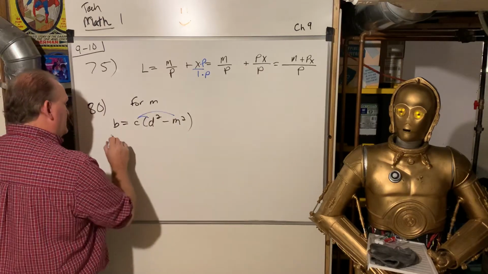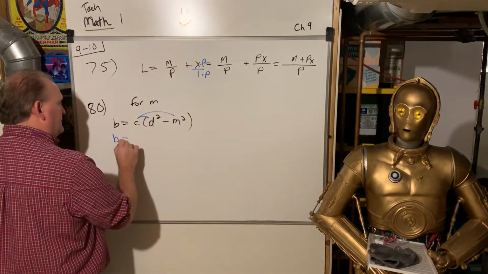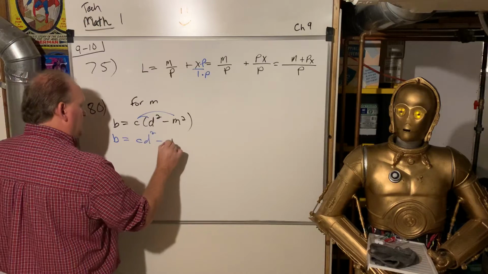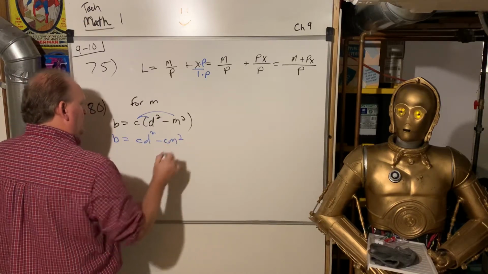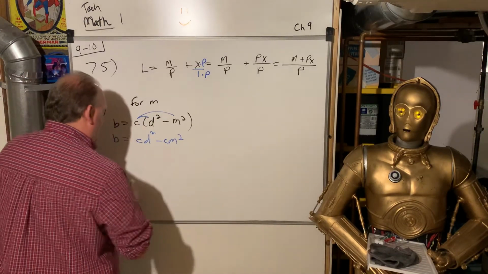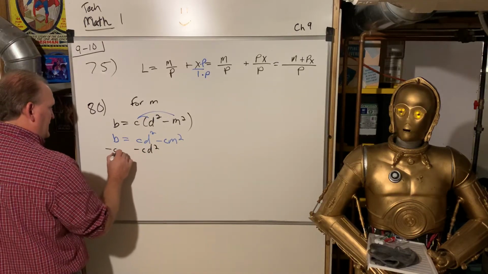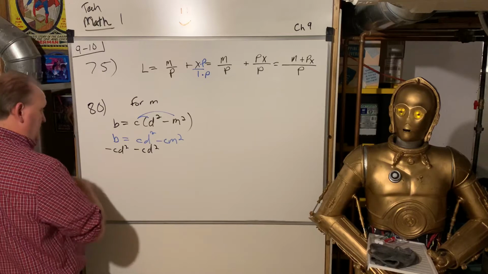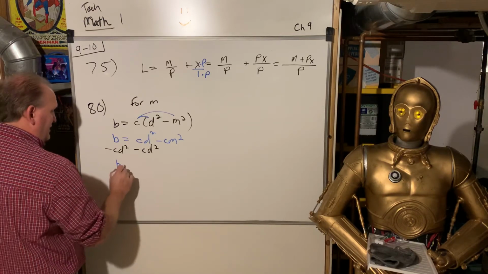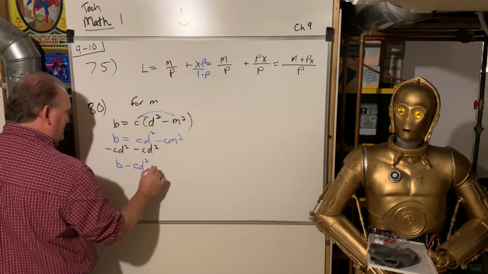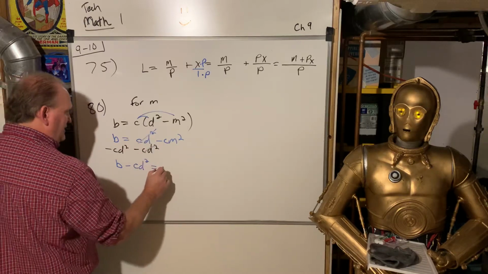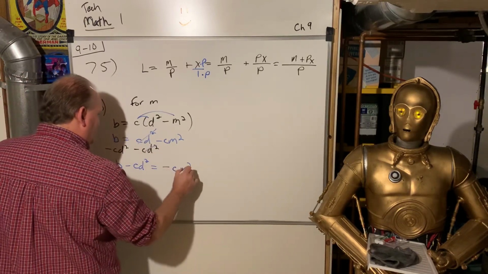So we'll go like this. All right. And then we'll subtract CD squared from both sides. So B minus CD squared is equal to negative CM squared.